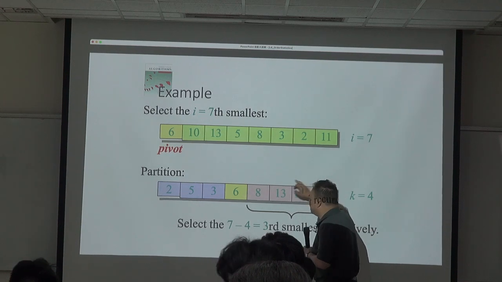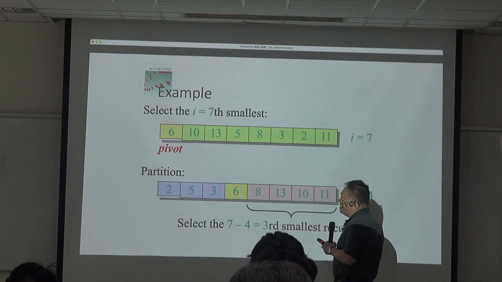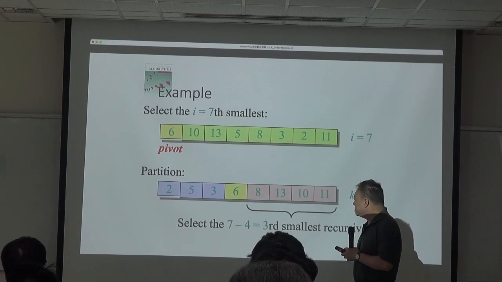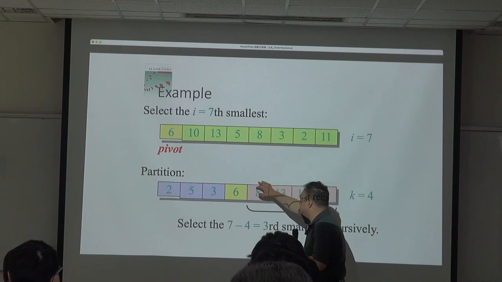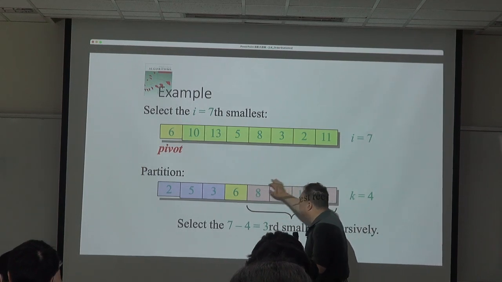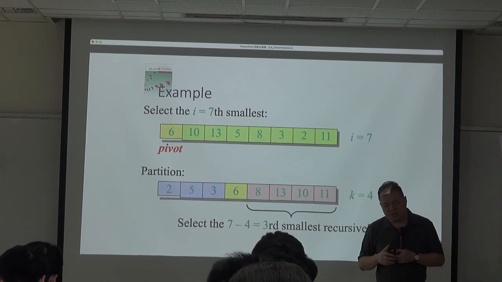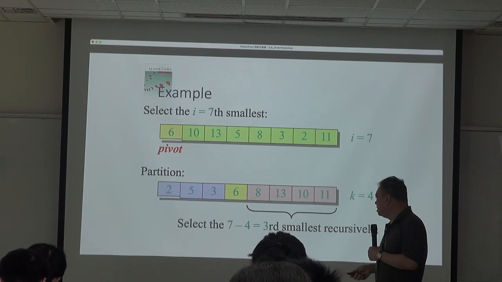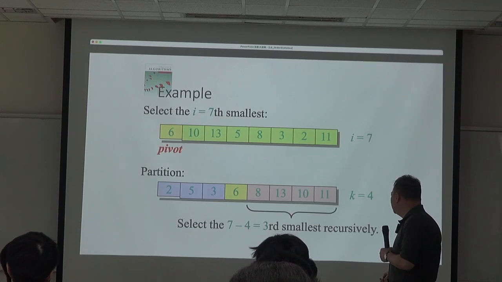Not only that, you want to find the 3rd largest number in here, because 7 minus 4. So you continue doing the random partition recursively.